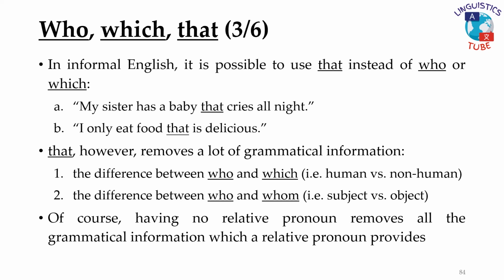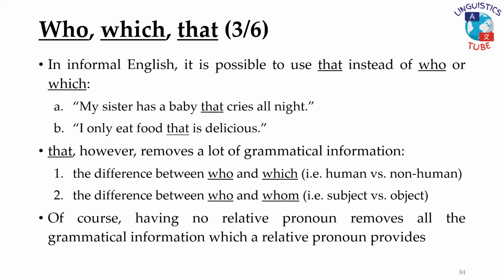The two pieces of grammatical information provided by these pronouns, compared to that, are the difference between who and which, which is the difference between human and non-human, and the difference between who and whom, which is the difference between whether the antecedent of the relative pronoun is the subject or the object of the relative clause.